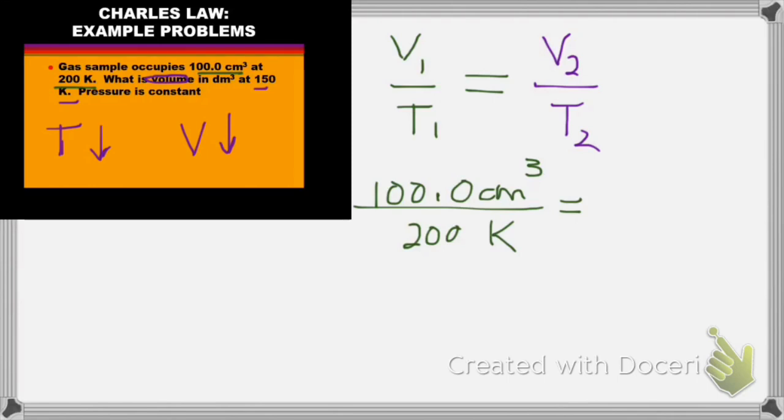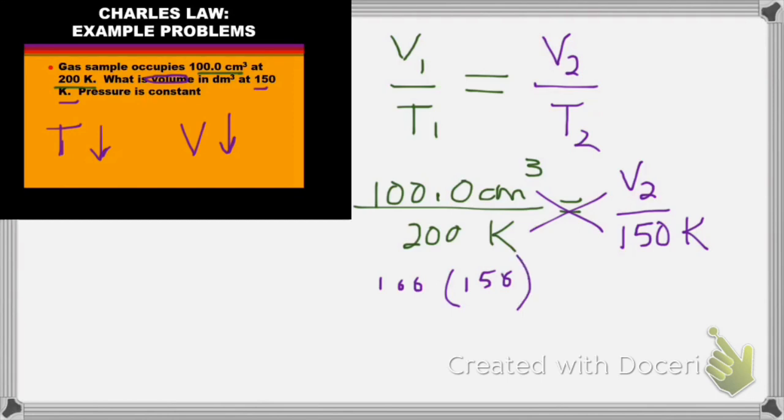And we are solving for V2, that's our unknown, and T2 is 150 Kelvin. So you can solve this any way you like. I typically cross multiply when I do my algebra. So we'd have 100 times 150, and that would equal V2 times 200.